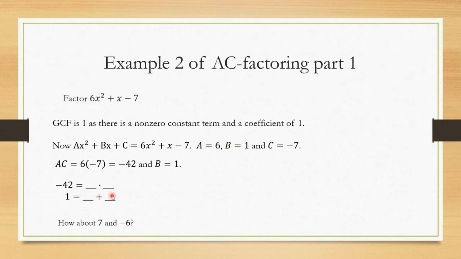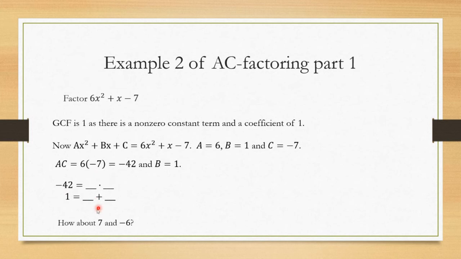I know the answer's here, but let me just say this. If you did try 6 and minus 7, well, that product is minus 42, but the sum, 6 plus negative 7, is negative 1, not 1. So 6 and negative 7 are not going to work.